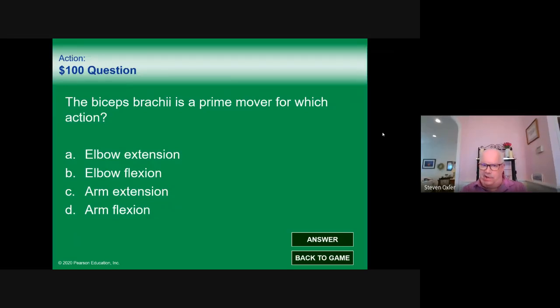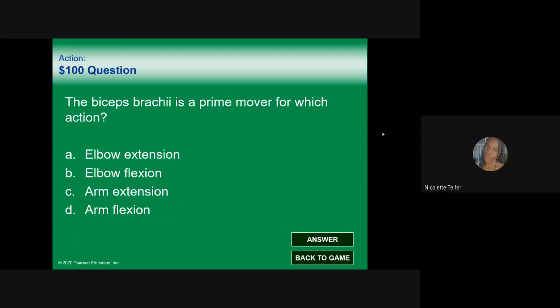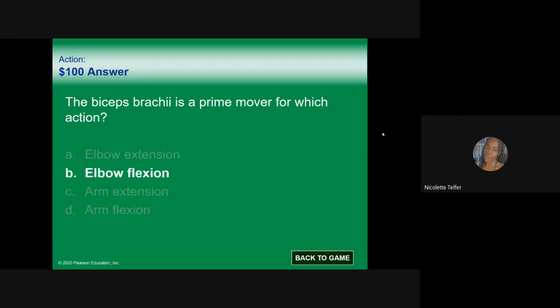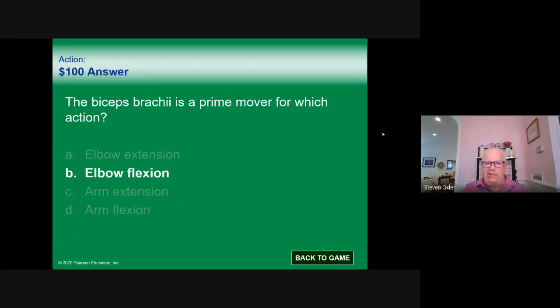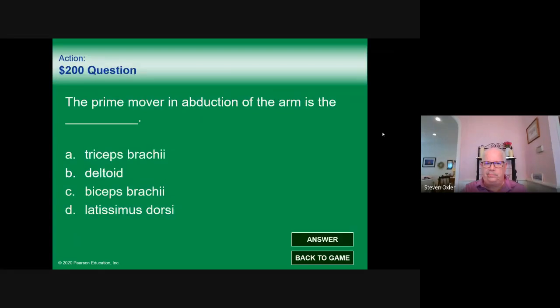But I'm going to ask you this, because here are the actions. The biceps brachii is a prime mover for which action? B, elbow flexion, okay? The prime mover in abduction of the arm.